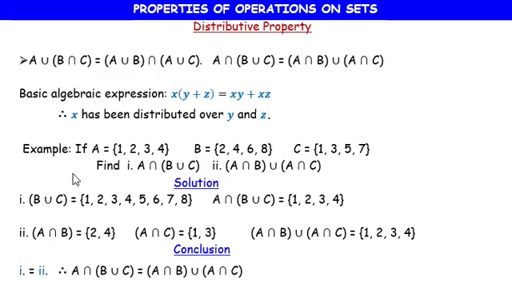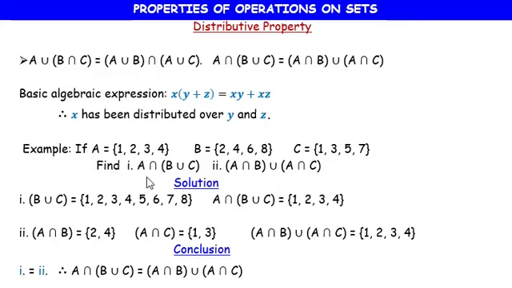So let's look at a typical example. If set A is equal to 1, 2, 3 and 4, and set B is equal to 2, 4, 6 and 8, and set C is equal to 1, 3, 5 and 7, and I ask you to find A intersection, in brackets, B union C, and then A intersection B in one bracket union A intersection C in another bracket.